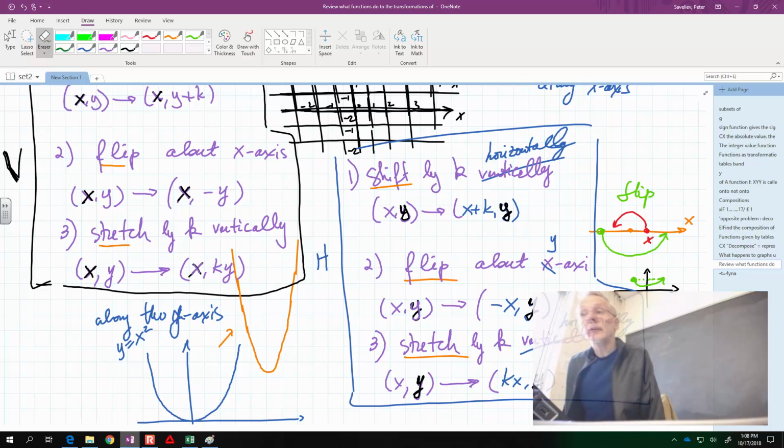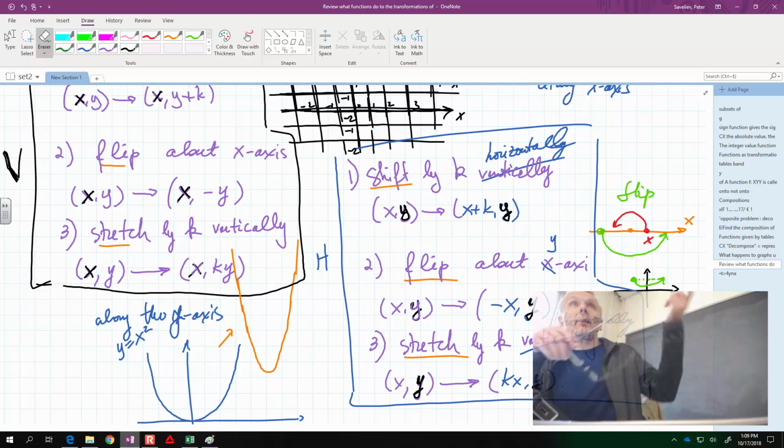So you can continue on doing horizontal things or vertical things, which we already did. So that's not the most interesting thing. You can shift, flip horizontally, and then stretch horizontally. That's what we have already seen. It's more interesting when you pick from the left and from the right separately.